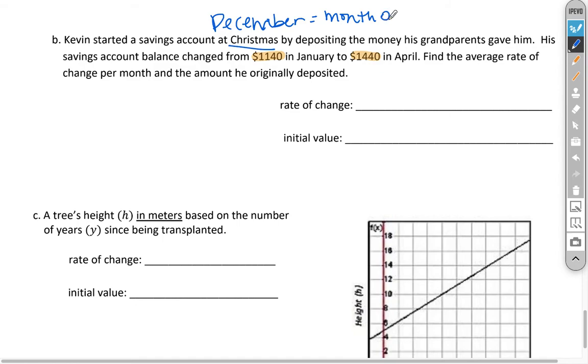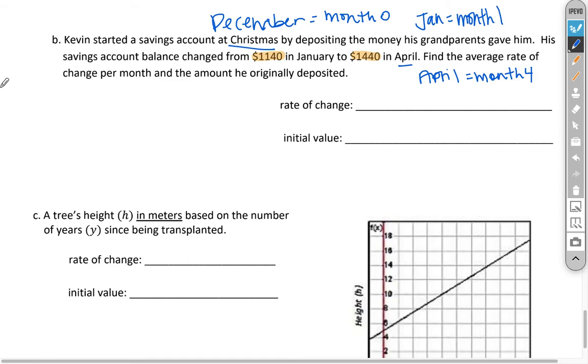Then it says in January he had $1,140, so January is month 1. And then it says $1,440 in April, and this is going to be month 4. January, February, March, April, month 4.